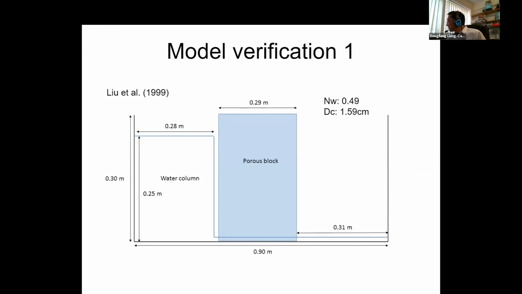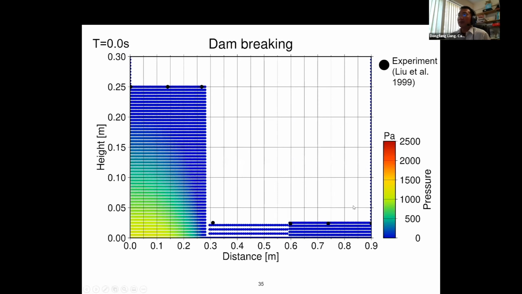So here is one verification case. The water column collapses and impacts on the porous block to the right. As you can see, this is the initial setup: the initial water column on the left, and inside the porous block, the density of the water particles is smaller, and on the right is pure fluid again.